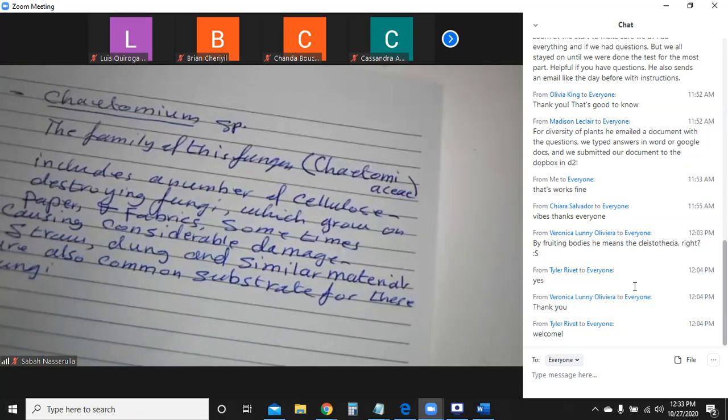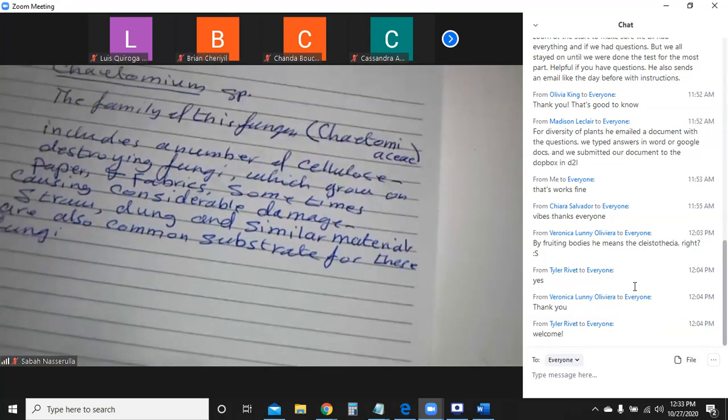Now, this is about this member, just about 2 or 3 lines. I'm going to describe the perithecia itself.